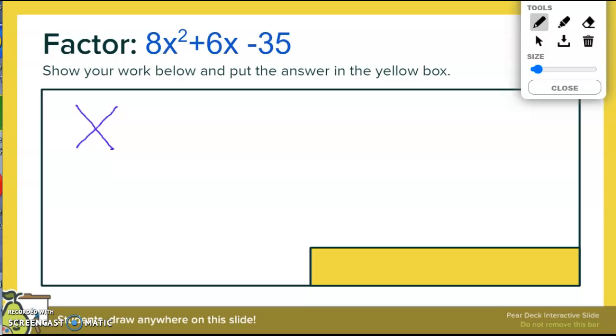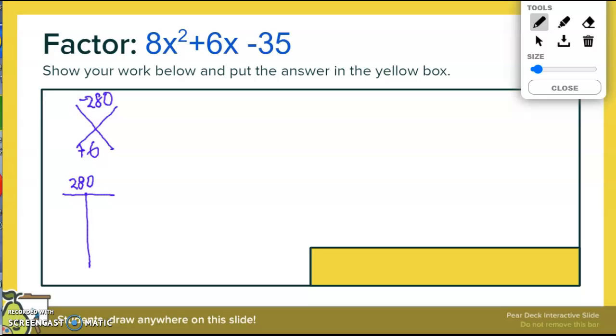And so we're looking for what to put on the top of the diamond: 8 times 35. That's 280, and that's negative 280. And then we're looking for the sum to be 6. So again, I should be looking for my factors of 280.